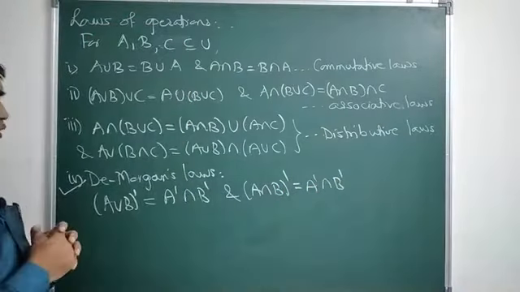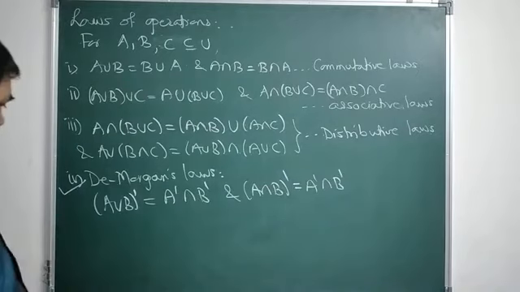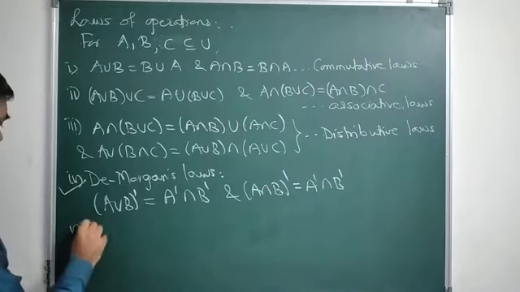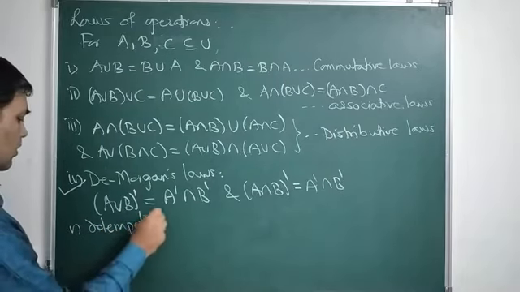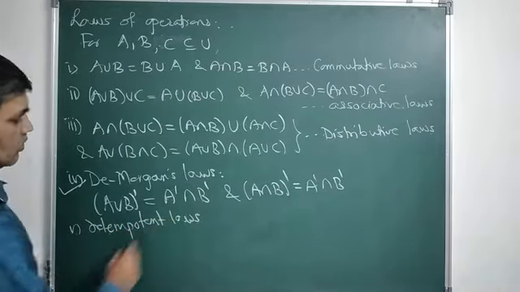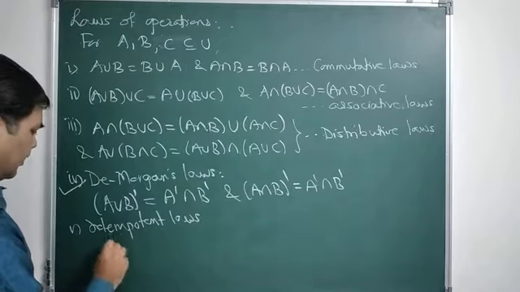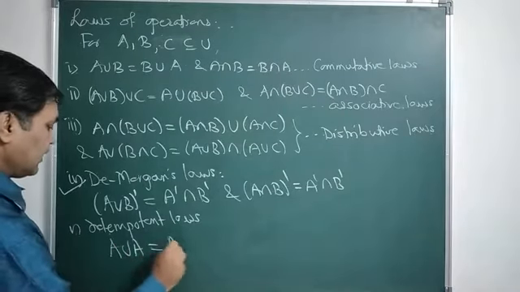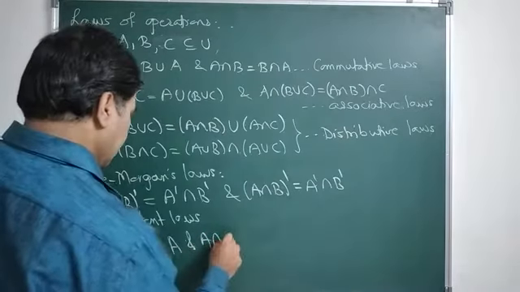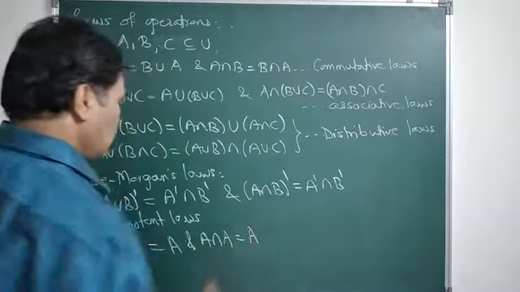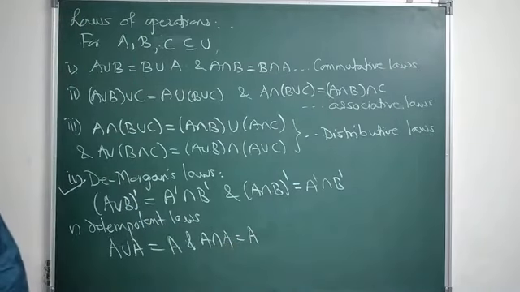These laws are known as De Morgan's laws. Other important laws: A union A is always equal to A, and A intersection A is equal to A for any given set.